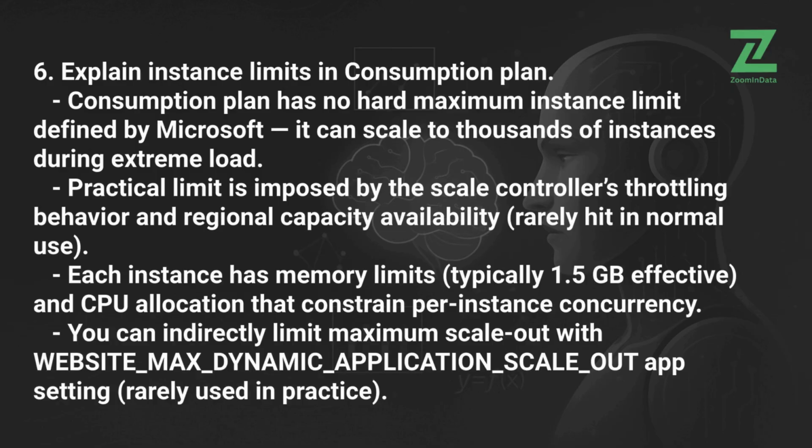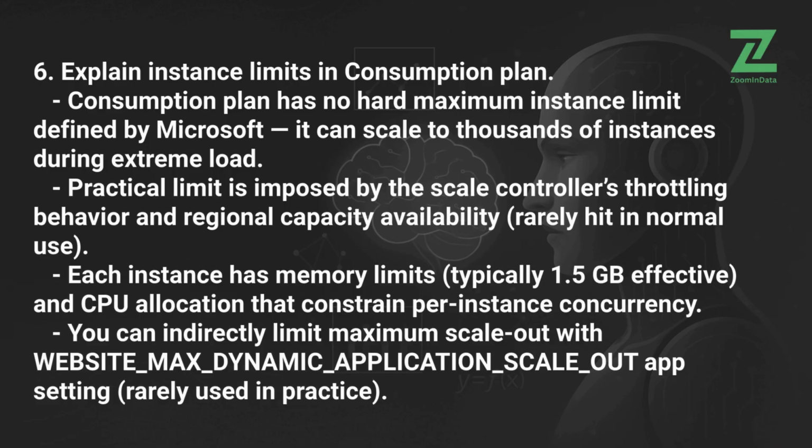6. Explain instance limits in consumption plan. Consumption plan has no hard maximum instance limit defined by Microsoft. It can scale to thousands of instances during extreme load. Practical limit is imposed by the scale controller's throttling behavior and regional capacity availability, rarely hit in normal use.